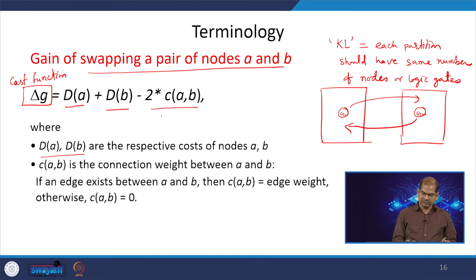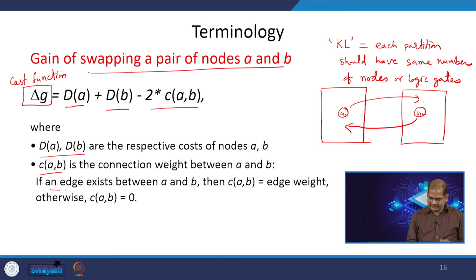But why do I need to subtract? That is very important. C of A comma B is the connection between A and B. If there is a connection between A and B, that should be subtracted, otherwise it will overestimate my gain. It has been added in both places, that is why I have to multiply it by 2.